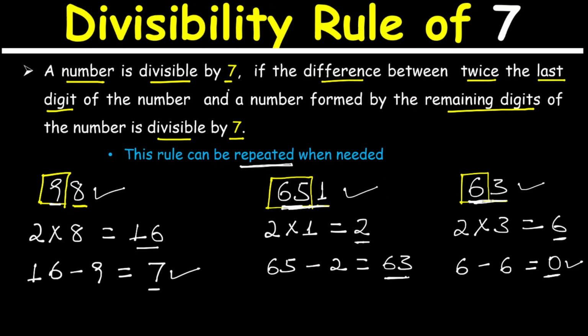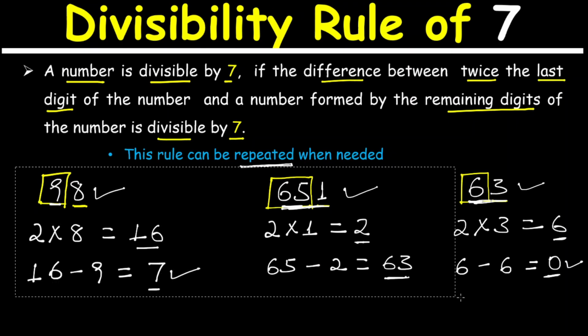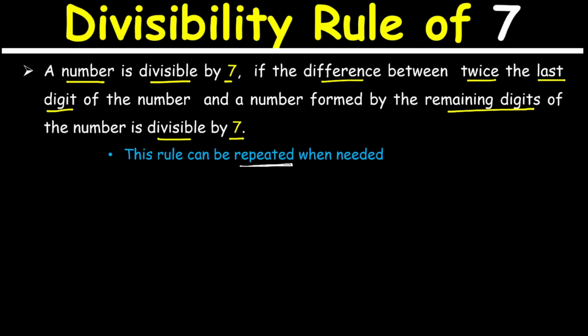Let's see more examples. Is the number 14,896 divisible by 7? The last digit of the number is 6, and the number formed by the remaining digits is 1,489.